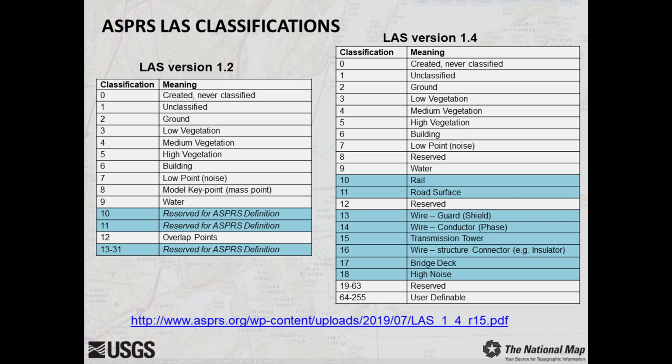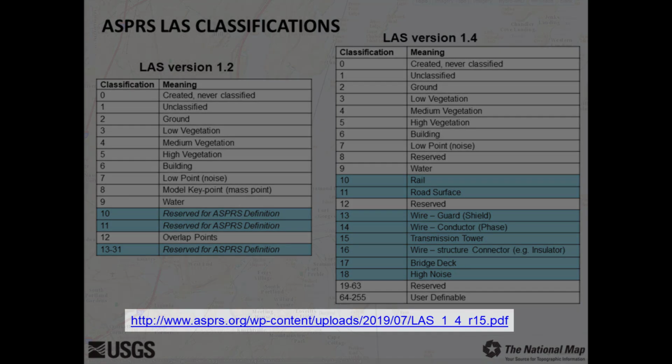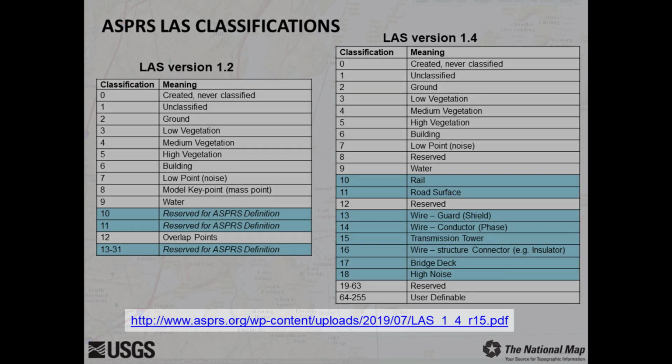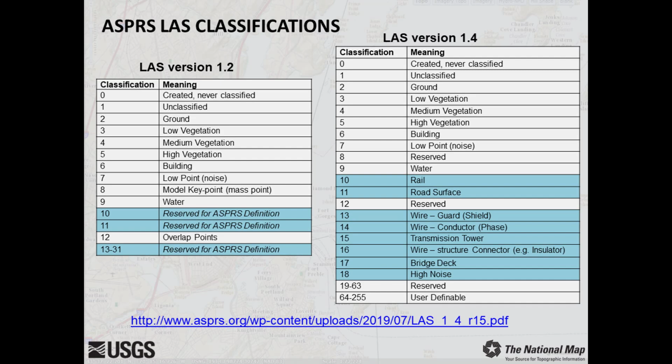For information about the current LAS file version, please see the LAS Specifications version 1.4-R15 document found at the ASPRS link shown here. As you can see, in LAS version 1.2, the classes highlighted in blue were reserved but not yet defined. But by LAS version 1.4, many of these previously reserved classes were defined.